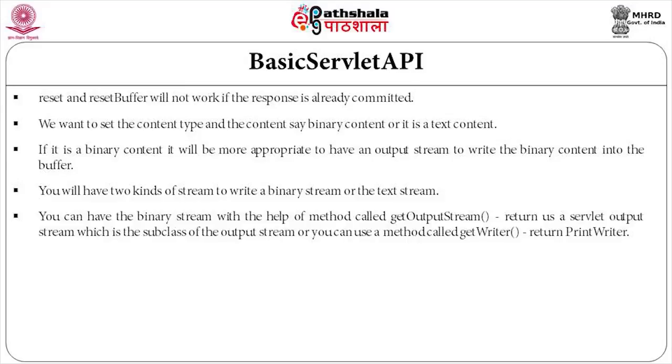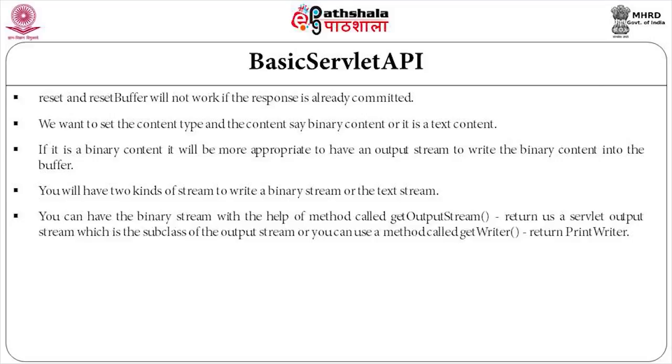You have two kinds of streams possible, a binary stream or a text stream. You can get the binary stream with the help of the method called get output stream, which returns a servlet output stream, a subclass of the output stream. Or you could use the method called get writer, which gives us a print writer, which is very simple to use, and which we have been using right from hello world.